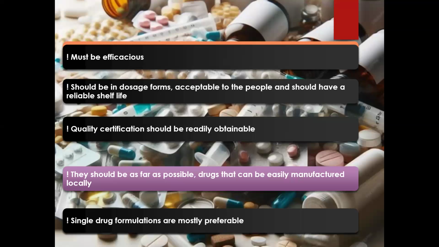As such, it would help reduce the risk of drug interactions and also simplify prescribing practices and pharmacovigilance. And that would also make patients adhere to treatment easily. So these are the criteria that are considered for selection of drugs at the national level.